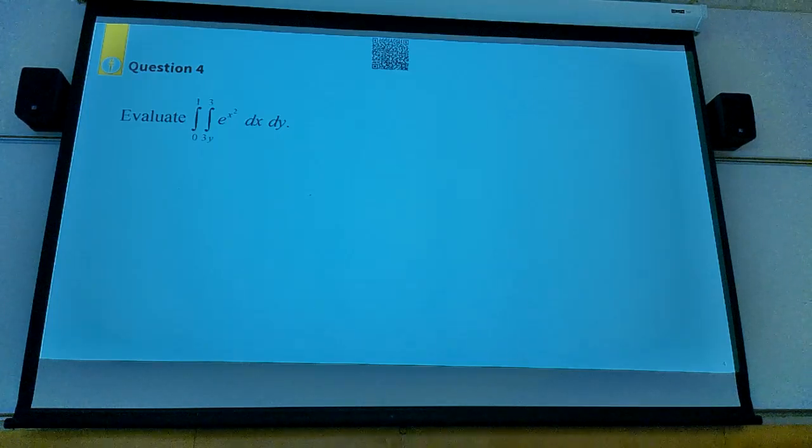So we want to evaluate this iterated integral. What do we have to integrate with respect to first? What is the antiderivative of e to the x squared? X squared. That's the derivative.